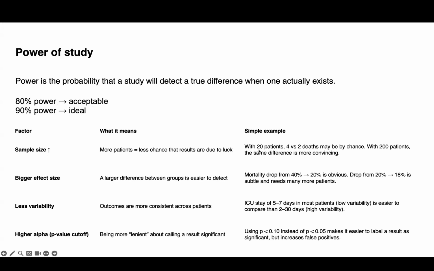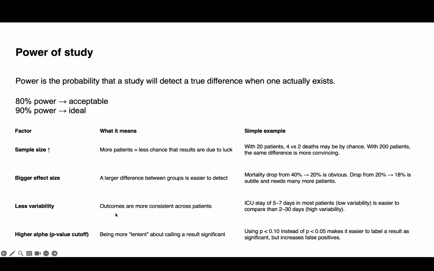The simple example is with 20 patients, 4 versus 2 deaths may be by chance, but with 200 patients, the same difference is more convincing. Then bigger effect size. A larger difference between groups is easier to detect. Like I said, mortality drop from 40 to 20% is obvious, but a drop from 20 to 18% is subtle and needs many more patients.